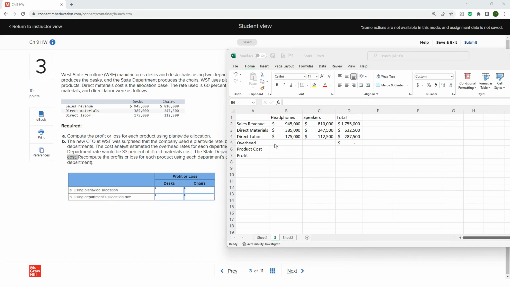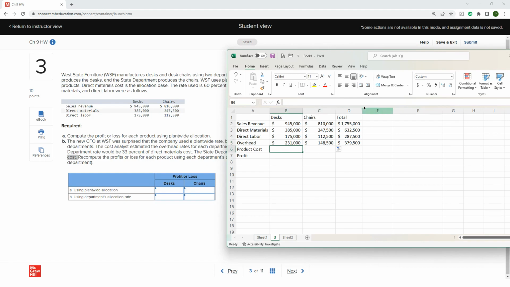Remember, the rate is going to be 60%, so that's going to be 0.6 times the direct materials cost. So for the desks, that's going to be 0.6 times 385,000. And for the chairs, it's going to be 0.6 times 247,500. And then so our product cost, which is our total expenses, is calculated.